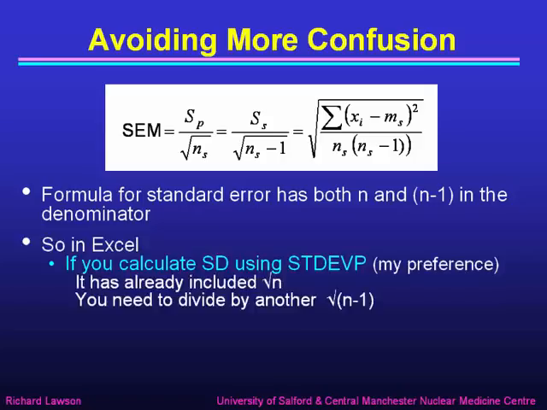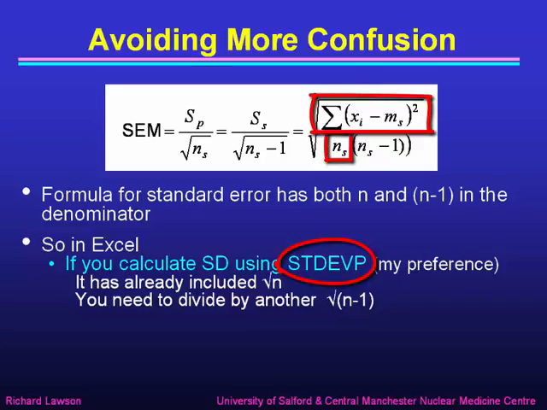So in Excel, if you're going to calculate the standard deviation using the formula STDEVP, which is my preference for doing things, then it's already included a root n in that STDEVP formula, because what it does is calculate using sigma (x minus m) squared over n.